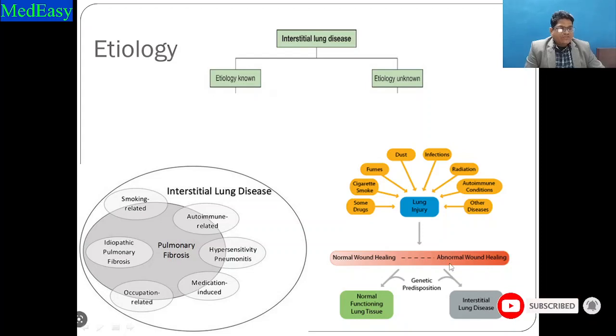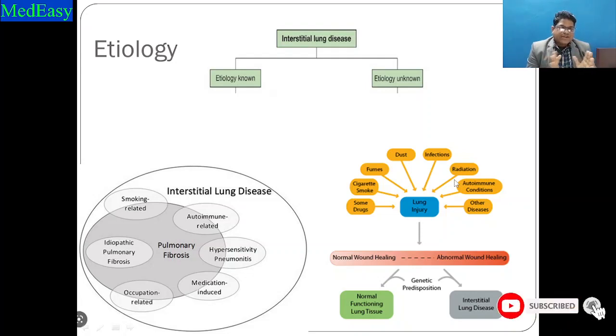And if there is abnormal wound healing, and there may also be some genetic predisposition, ILD will be developing in those patients. So what does this mean? To understand simply, with all these etiologies, all the causes, our lung is constantly exposed to various injurious stimuli, and they cause damage to the lungs. And repair versus injury is a continuous process in the entire pulmonary system.